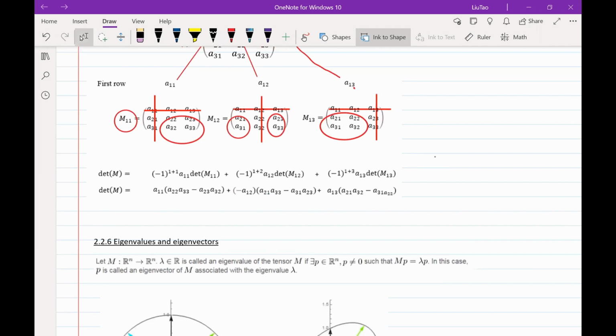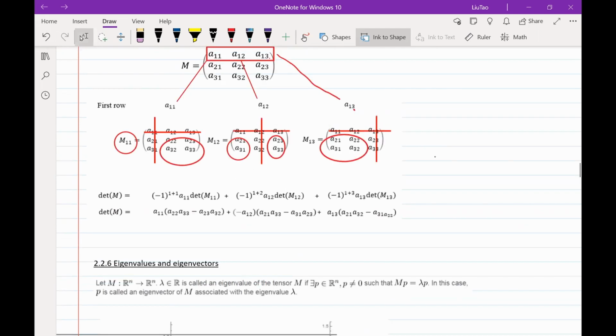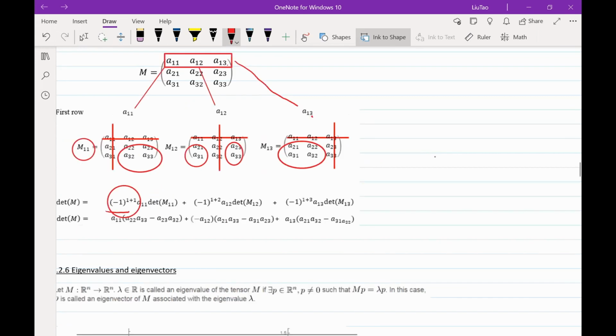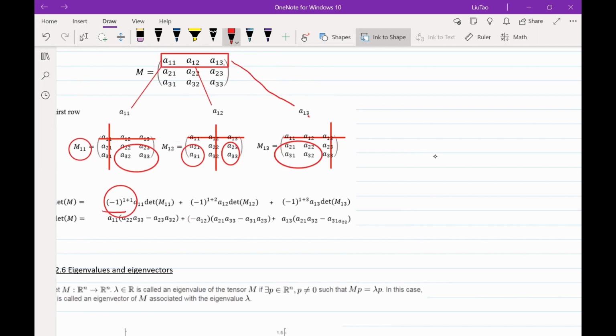And now we need to decide the sign for each component. For the first one, A11, 1 plus 1 is equal to 2, so it will give us a positive sign. For the second element, A12, 1 plus 2 is 3, so it will give us a negative value.